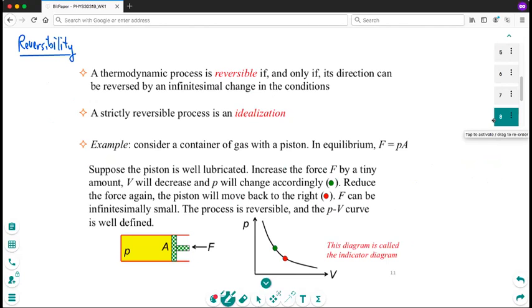Okay, and why is it the case? That is the content of the second law. The second law tells you why certain processes are allowed, and why certain processes, when you reverse them, are not allowed. So this reversibility is at the heart of thermodynamics.